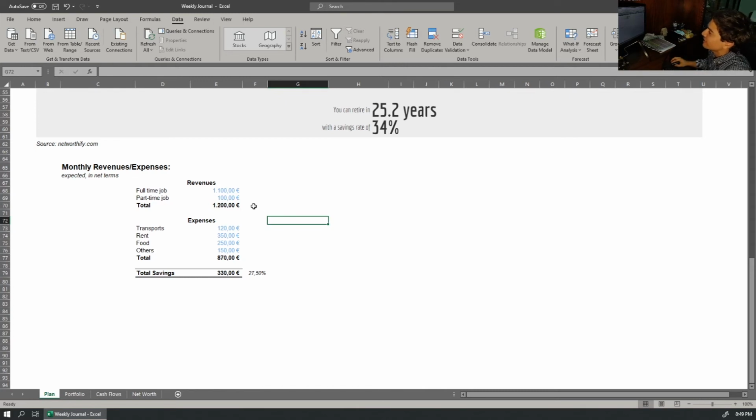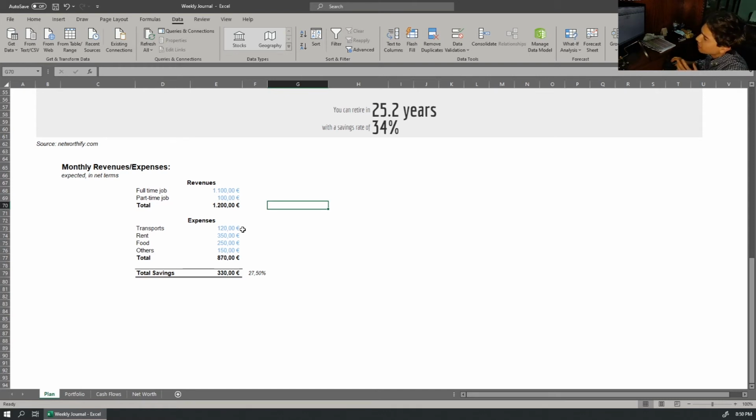As I've already said, I'm still an intern and I don't have that many expenses, but I predict that, for example, from my full-time job in like 3 years, I would get a net salary of around 1.1 thousand euros, and from my part-time job, 100 euros per month. These are measures per month, which means I would get a total revenue of 1.2 thousand euros.